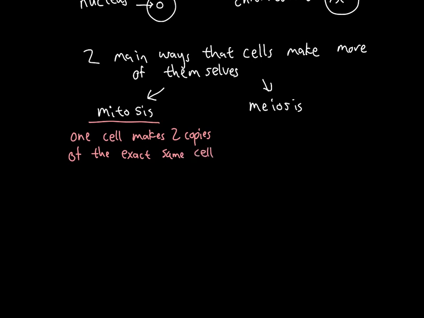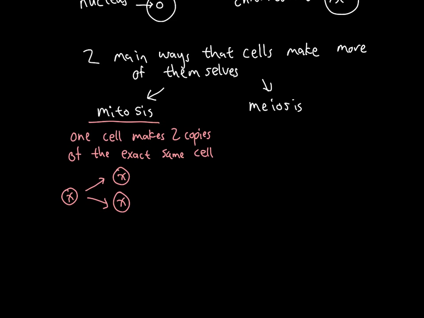And what this will look like is, let's say this is our cell in the beginning. We're going to just draw the chromosome inside of it because it's ready to divide and make more. And it's going to make two cells. So imagine they all look the same, okay? Two cells with the same DNA inside of it, same chromosomes, which is an exact copy of itself.